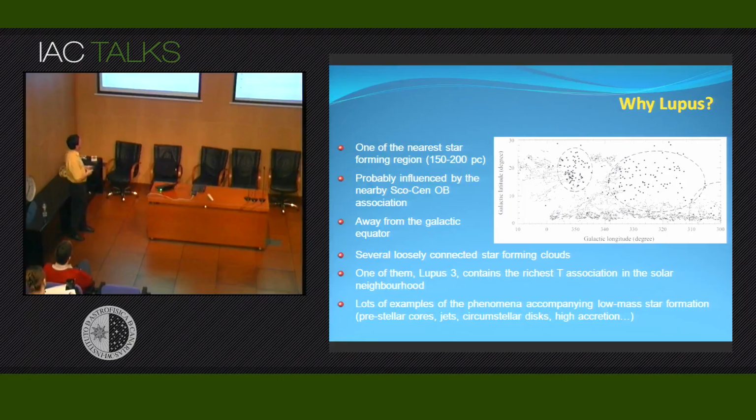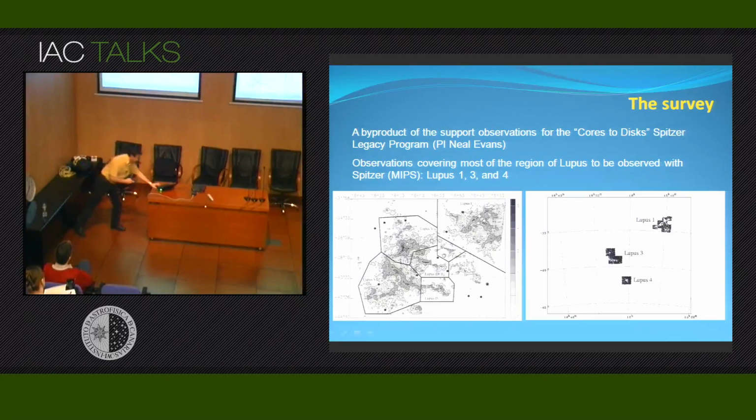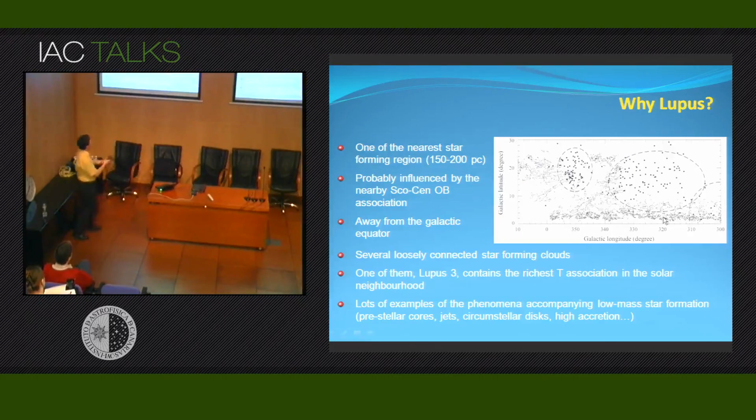So these black dots here are OB stars, which in principle can have some effect on the star formation in Lupus, and also in this neighboring region, which is also a well-known star-forming region, Rho Ophiuchi, whose dynamics and origin and star-forming history may have had something to do with the presence of these massive stars.